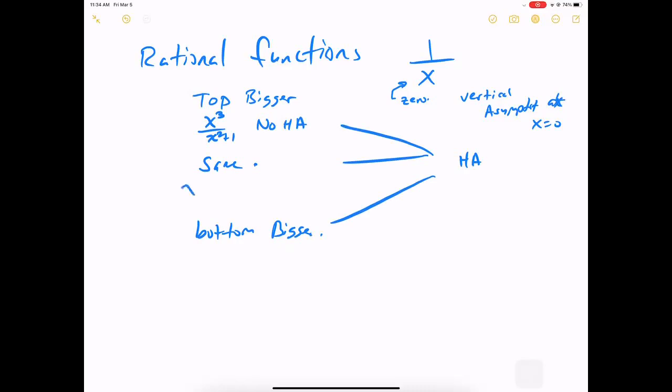If they were the same, x squared plus 1 over 3x squared minus 1, we copy the front values. The front values would be 1 over 3, so my horizontal asymptote was just 1 over 3. Whatever the front number is, you just copy it. It's that simple.